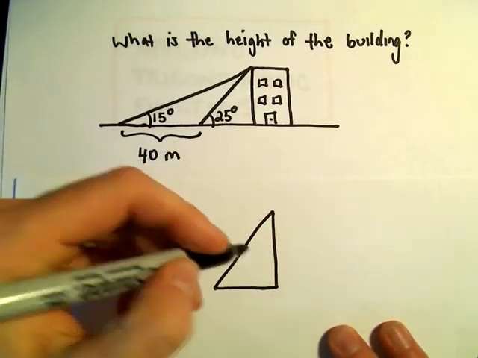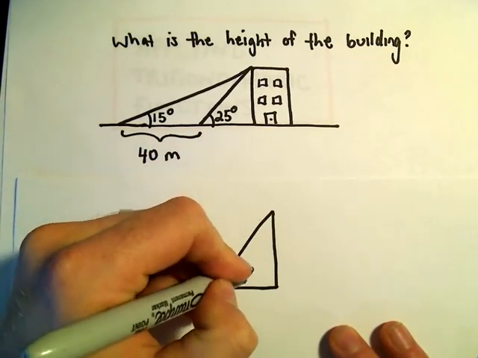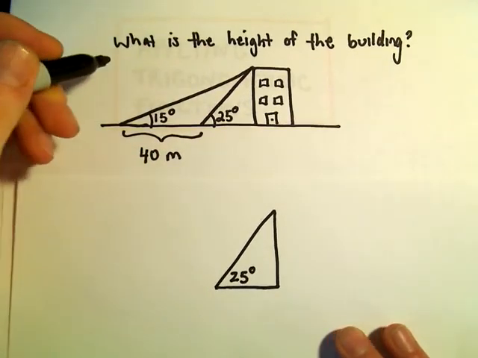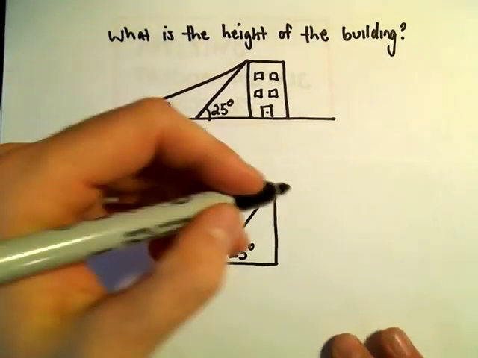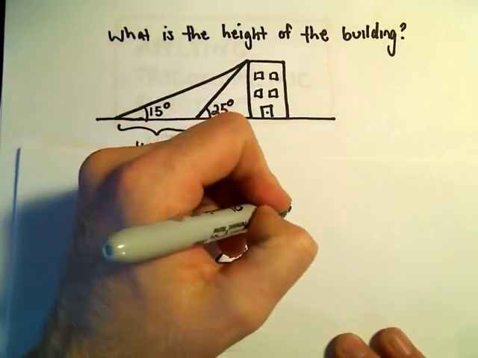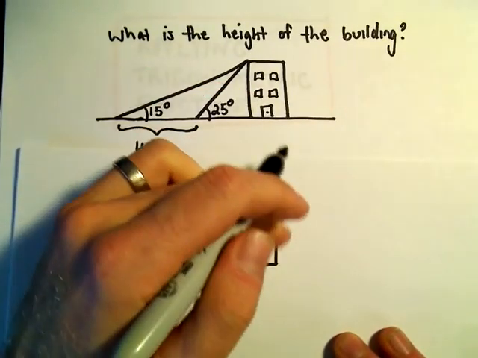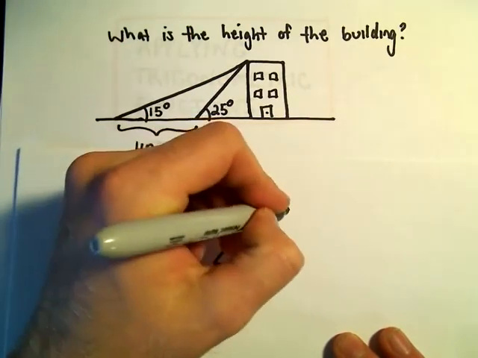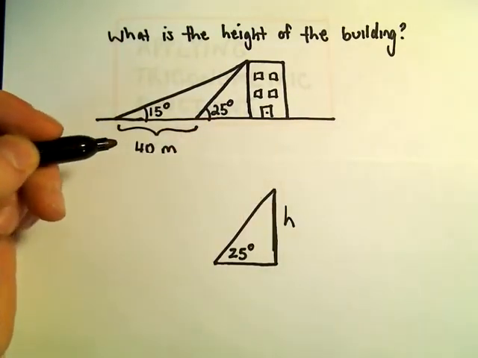All right, the first thing I'm going to do is look at this first triangle, the 25-degree triangle. We're trying to figure out the height of this building. Here's the left edge of the building. Let's call that h for height.